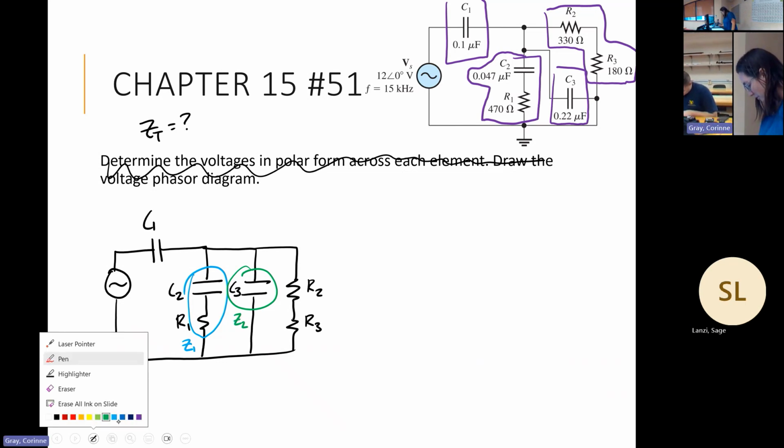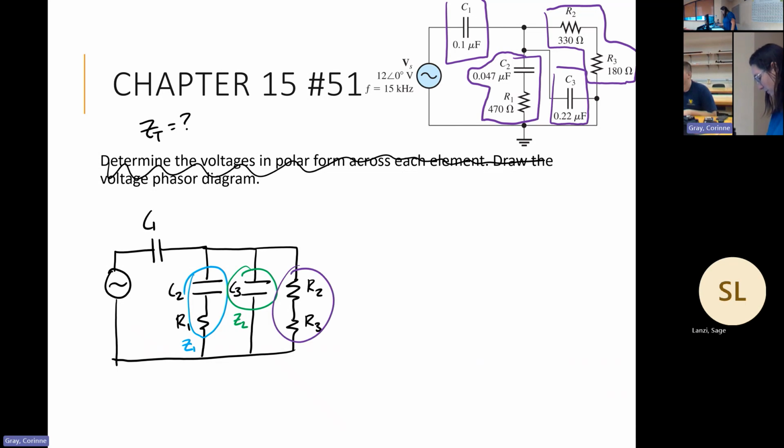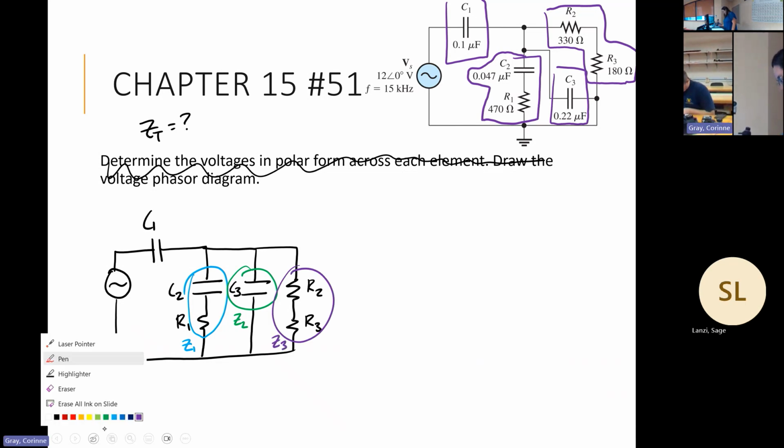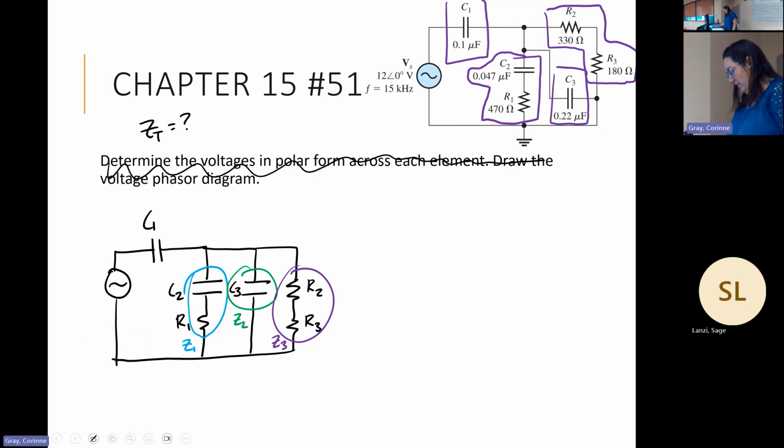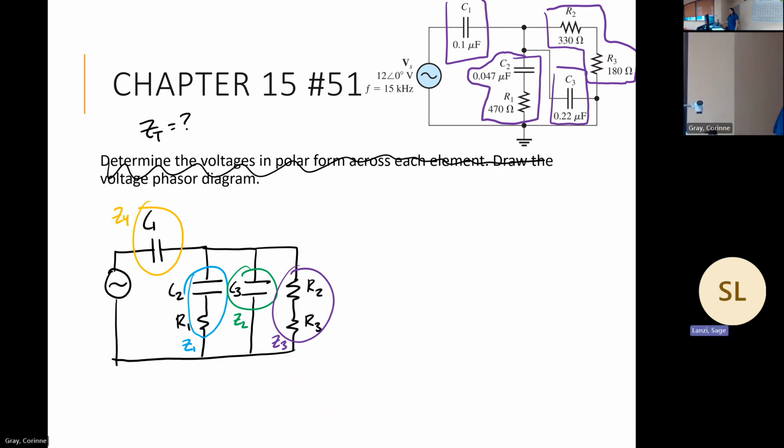And that means that for the one on the right over here, Z3. And if I just felt like circling a bunch of different stuff, I can call this one Z4. It doesn't matter.